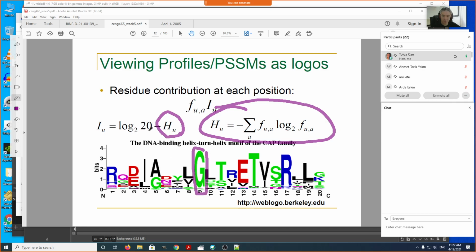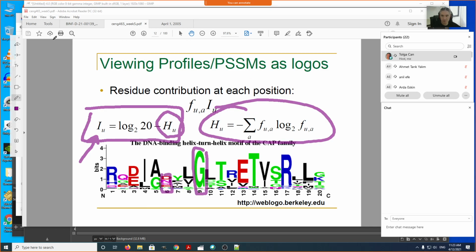So we want smaller entropies, and this may be a weight, and we also multiply it with an individual letter's frequency in that column to give weights to these letters. For non-conserved columns, the entropy is going to be large, therefore the total height of those columns is going to be quite small compared to conserved columns. It will give you a way to immediately see which columns are conserved.